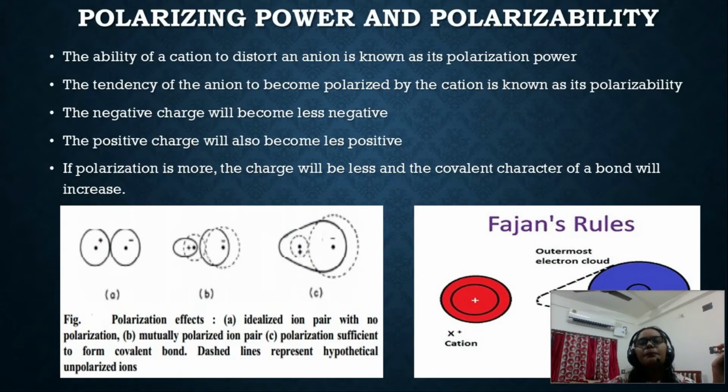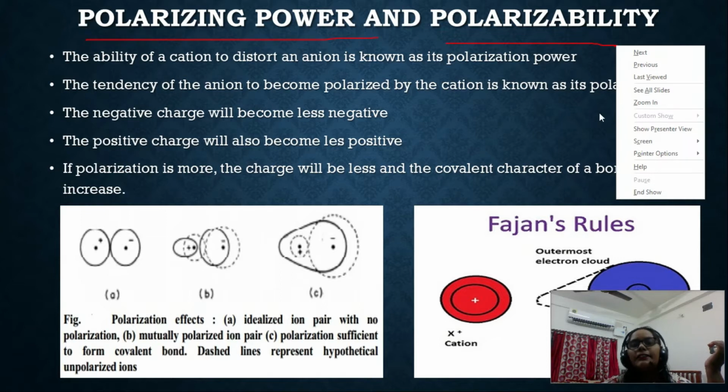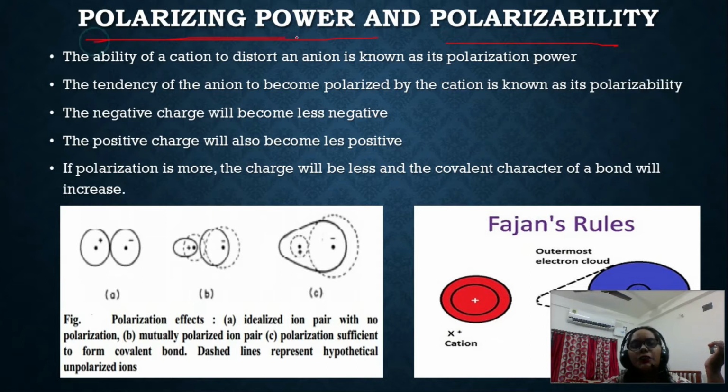Now, polarizing power is actually related to the cations. The ability of the cation to distort the electron density of an anion is called polarizing power. That means what will happen if a positive and a negative ion come close to each other?